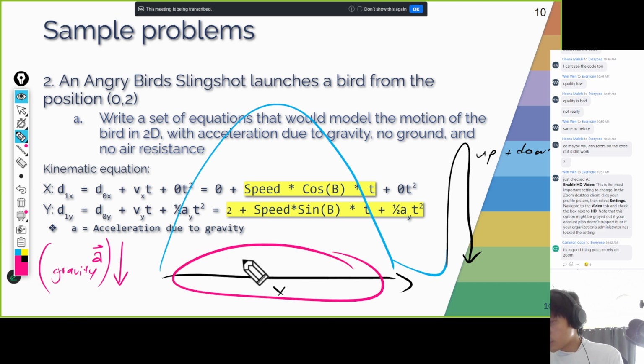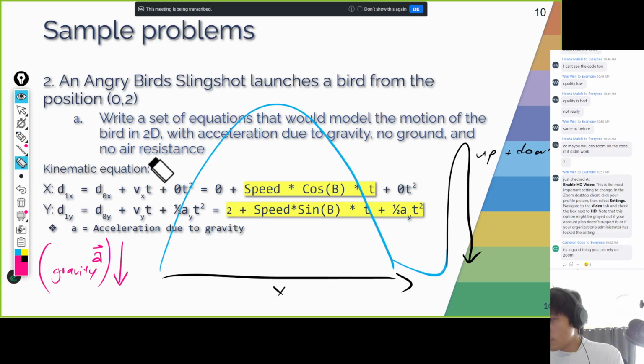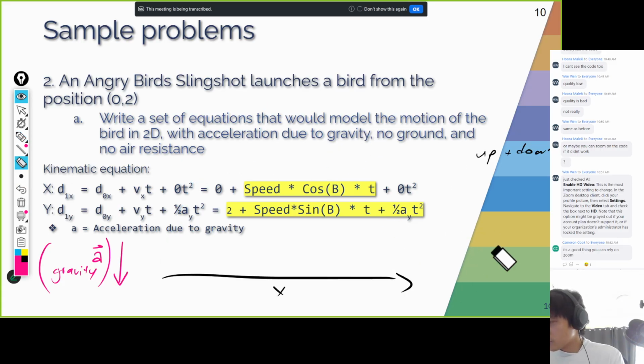So in the x direction, it doesn't even matter. Let's plug in our kinematic equation. Our position in x is equal to our original position in x plus a constant velocity in x times time plus acceleration in x, which is 0, times time squared. So we may as well get rid of that.